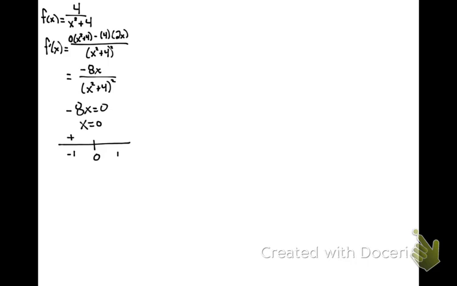When we test +1, we get negative 8 over some other positive number. So there are no minimums or maximums for this graph because although the derivative equals 0 at x equals 0, it does not change sign there.